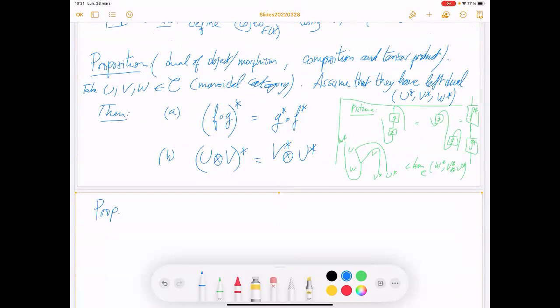The next proposition will use the additional part about adjoint functors.